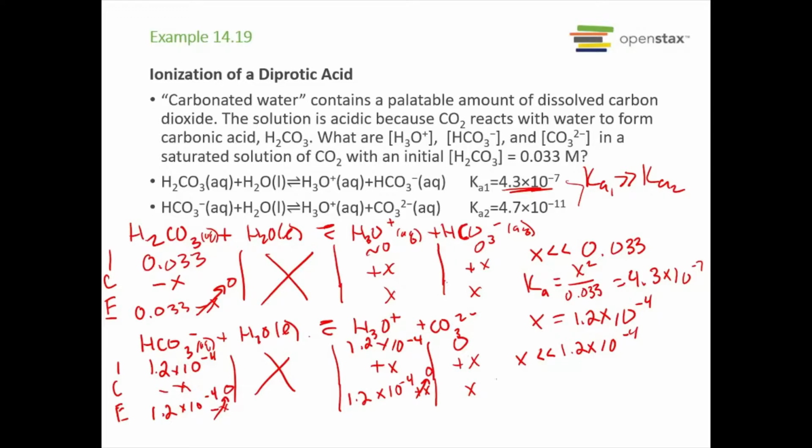So now the Ka for the second reaction is equal to 1.2 times 10 to the negative 4 times X divided by 1.2 times 10 to the negative 4. And those cancel each other out. So our Ka here is equal to our X, which is equal to 4.7 times 10 to the negative 11th power. So that is equal then to our concentration of CO3 2 minus.